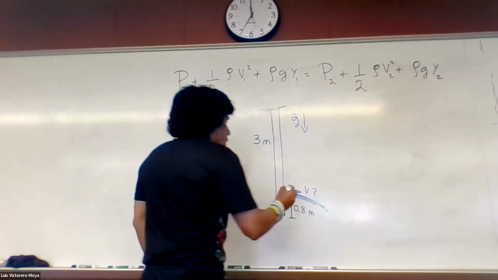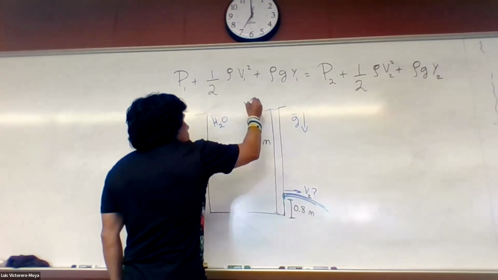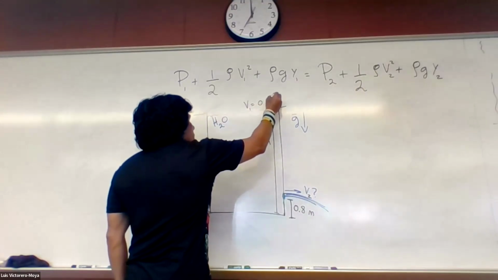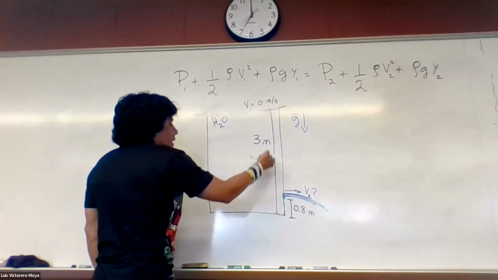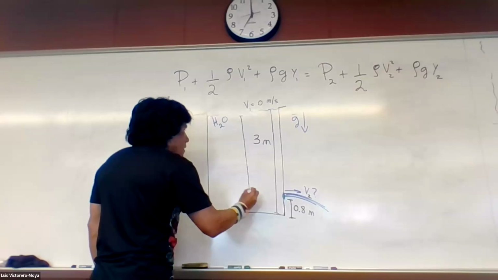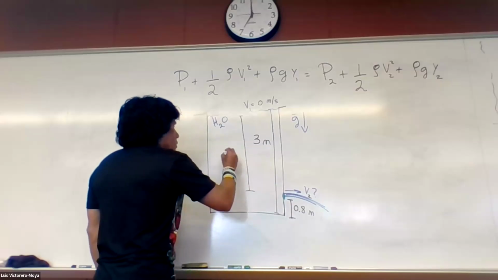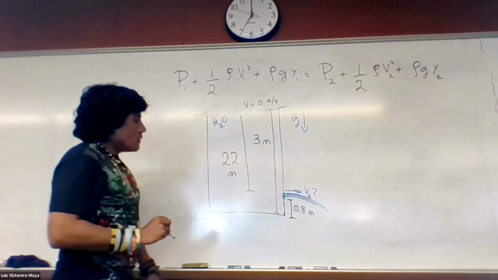So let's call this V2, and V1 here is 0 meters per second. And the difference of heights is 3 minus 0.8, which is 2.2 meters.